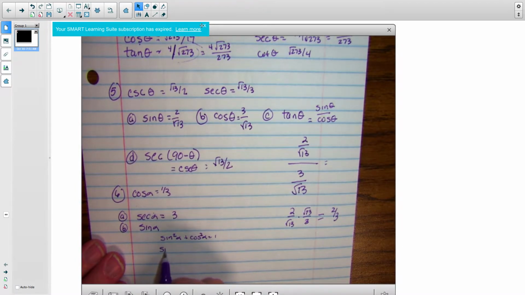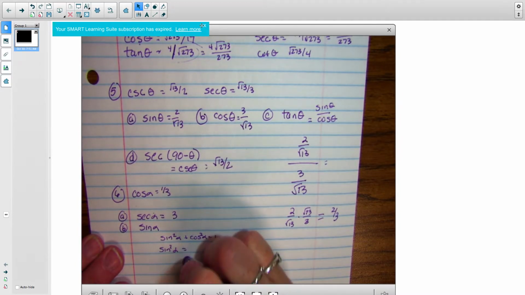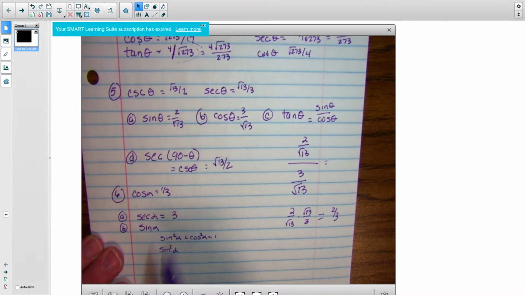So sine squared. Well, what's 1/3 squared? 1/9. So we have to subtract 1/9 from both sides.